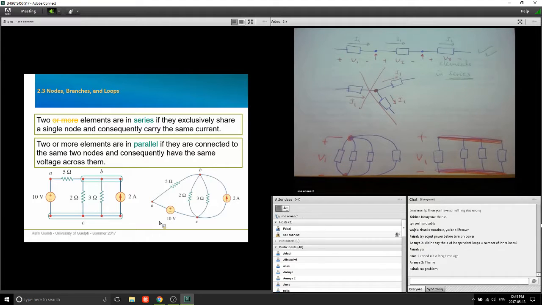The 5 ohm one. Exactly. The voltage source, the 10 volts, and the 5 ohm resistor. They are in series. So it doesn't really matter if they are drawn perpendicular to one another. That's just a matter of the style of drawing. But the current doesn't see that. The current leaves the voltage source, goes into the resistance. They share one node exclusively. They are in series. So can anybody see elements which are in parallel?